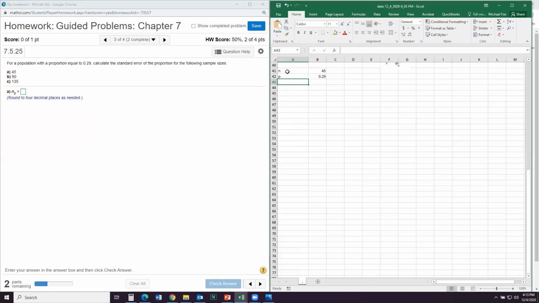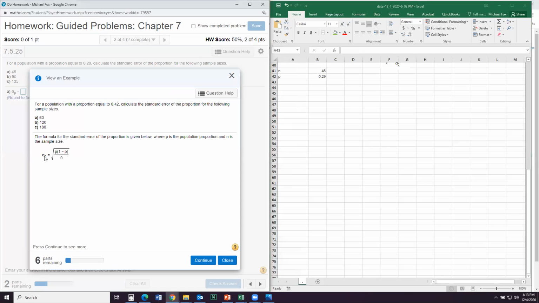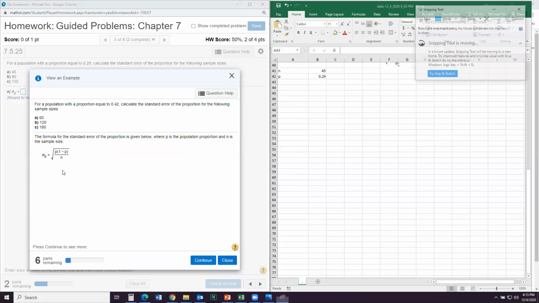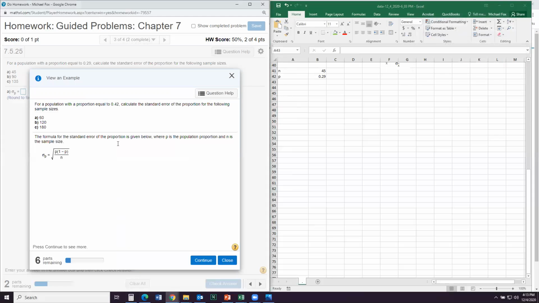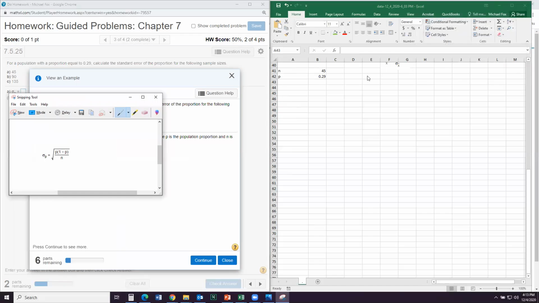And to calculate the standard error of the proportion, again, if I don't know that, I can go here. I can see, oh, there's the formula for standard error of the proportion. I can snip it out if I want. There's my formula.